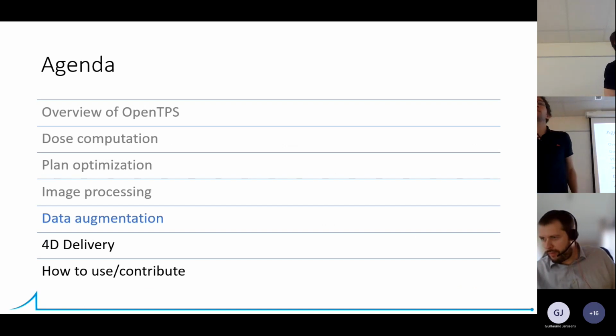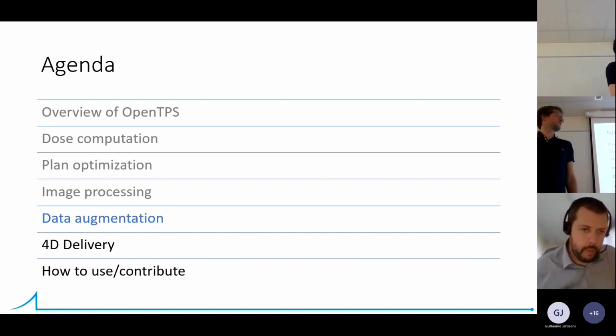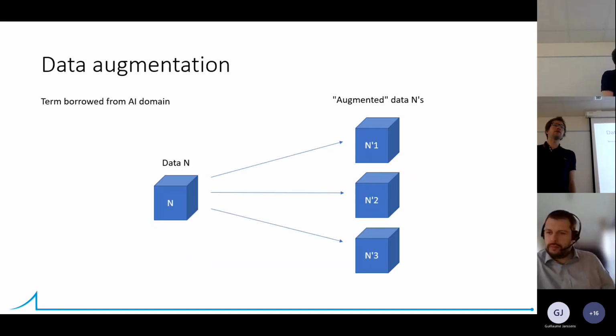Hi, so I'm Damien. I will complement a little bit what Guillaume said with the data augmentation options. AI domain, because in AI usually you have data sets and you want to create more data to represent more little variations of your data, small rotations and things like that.